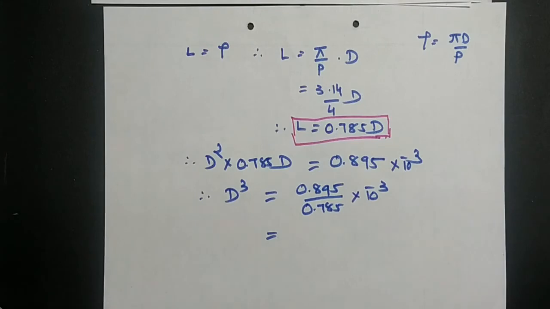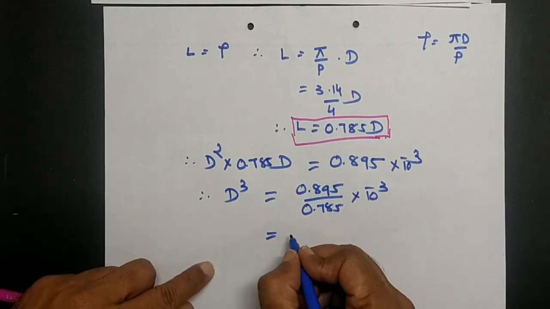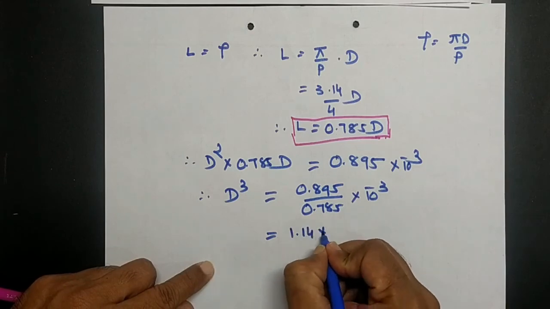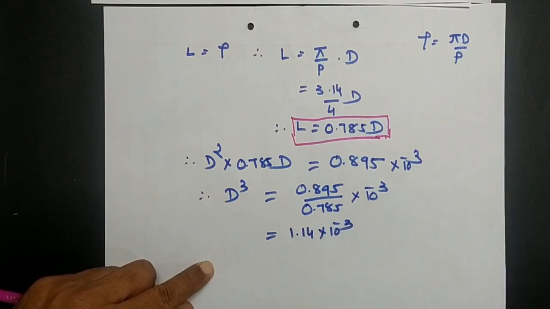Then 0.895 divided by 0.785 comes to 1.14 multiplied by 10 raised to minus 3.